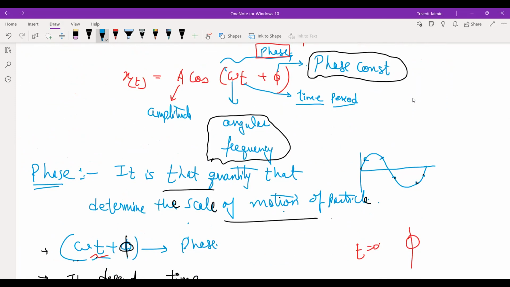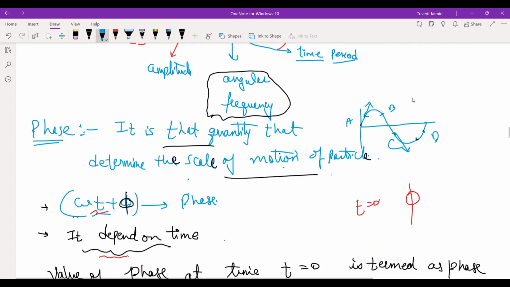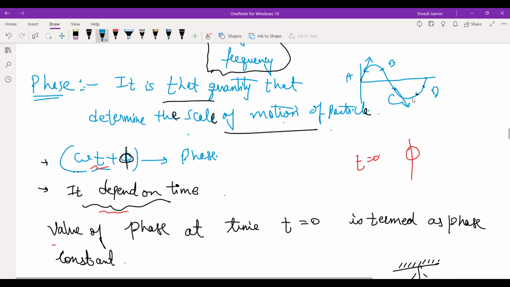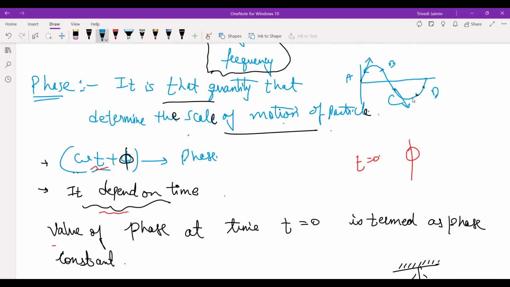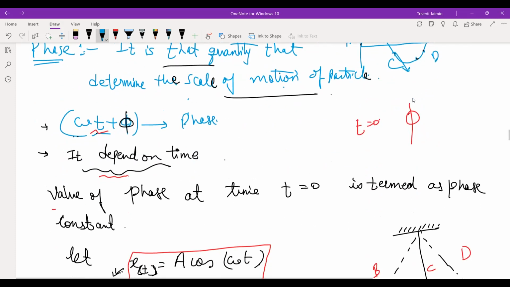So if I take these points A, B, C, D, then A and C are at the same position but in different directions, so they can be called partially out of phase.